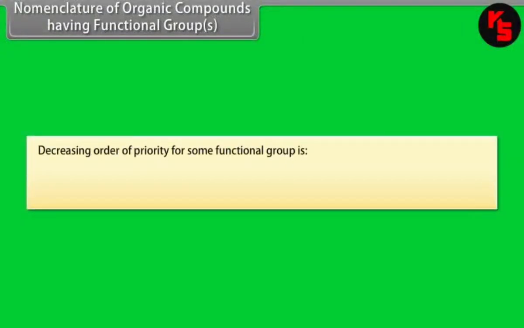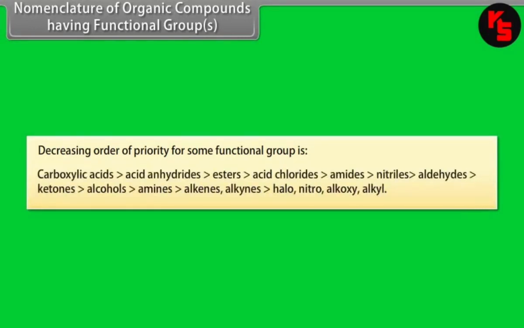The decreasing order of priority for some functional groups is carboxylic acids, acid anhydrides, esters, acid chlorides, amides, nitriles, aldehydes, ketones, alcohols, amines, alkenes, alkynes, halo, nitro, alkoxy, alkyl.